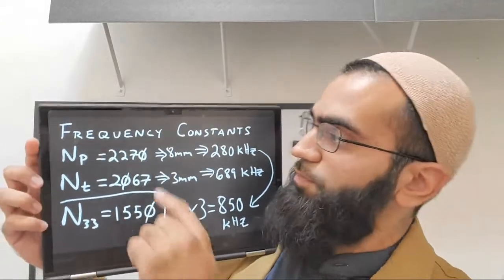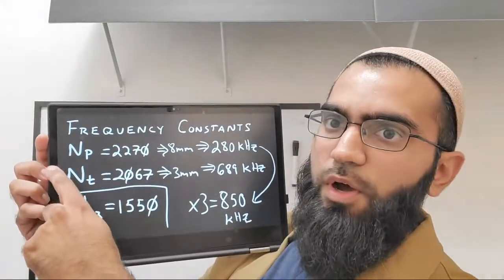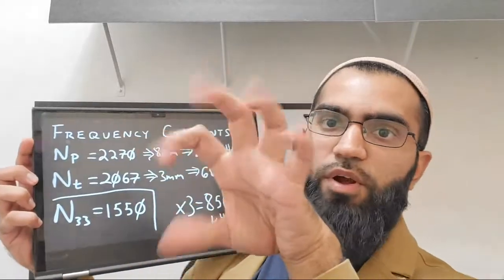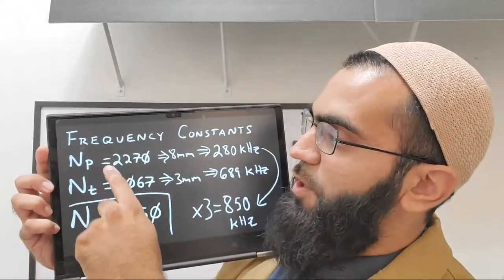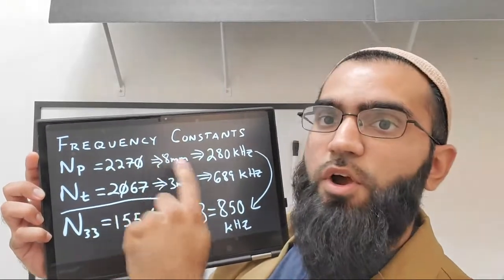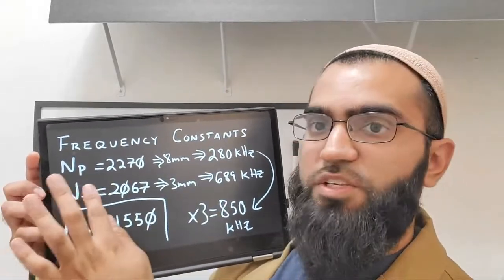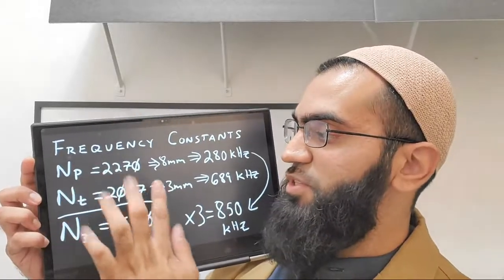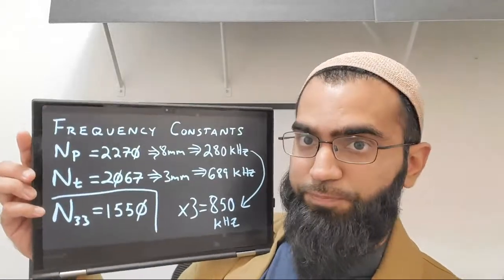For the planar mode, which is the radial vibration, the parameter was 2,270 hertz per meter. And for the thickness mode, the parameter is 2,067 hertz per meter.